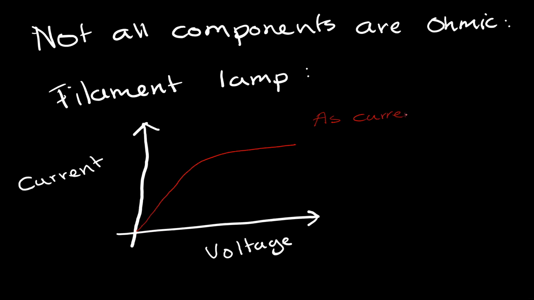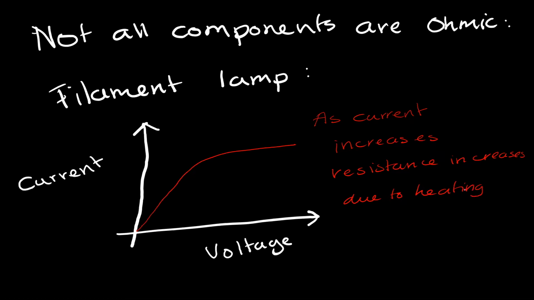As current increases, resistance increases because of the heat. It gets very hot. This is classed as non-ohmic. You could say that that portion of the graph was ohmic, but it won't be overall. It won't keep going on forever like that because it'll get too hot and possibly even melt at some point.